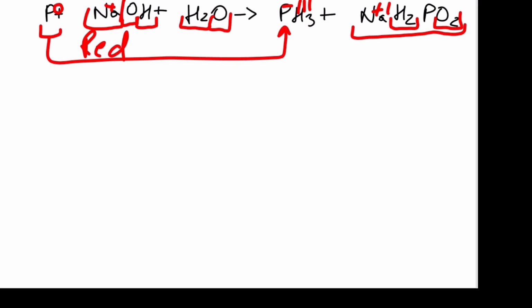So where is the oxidation reaction? Because you remember that if we had a reduction reaction, we also need to have an oxidation reaction. Both of these reactions proceed together. So what happened?